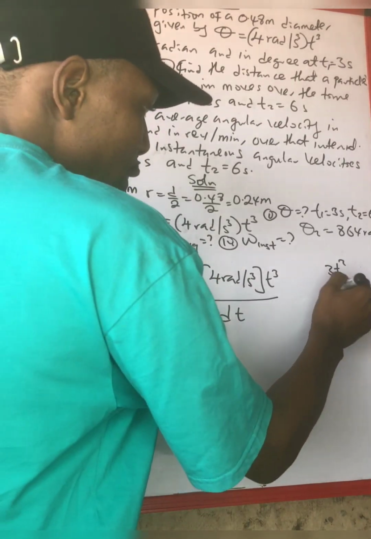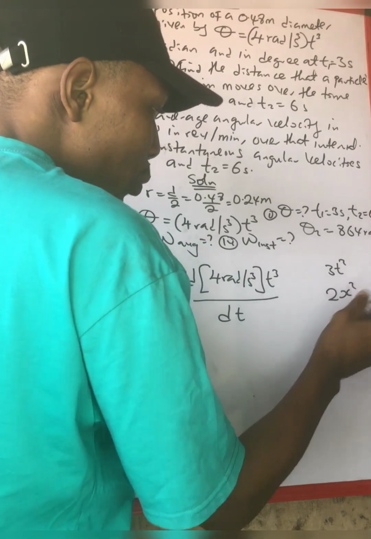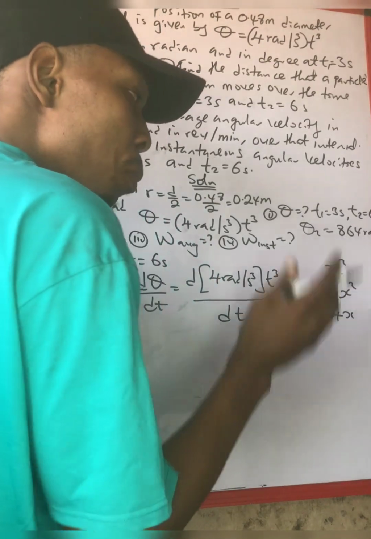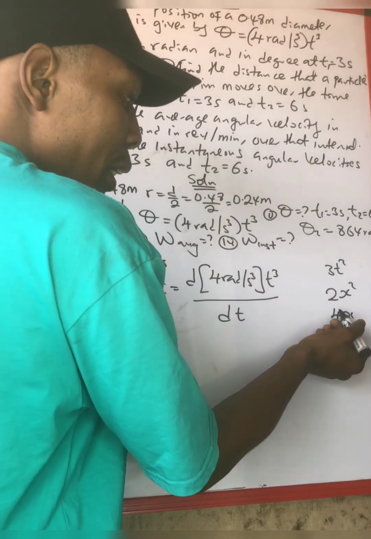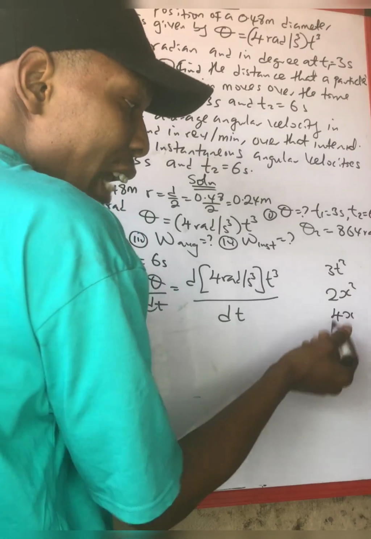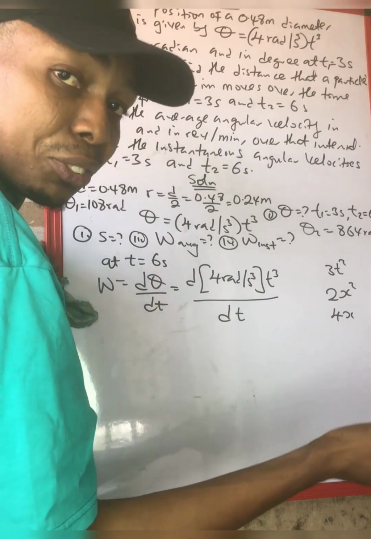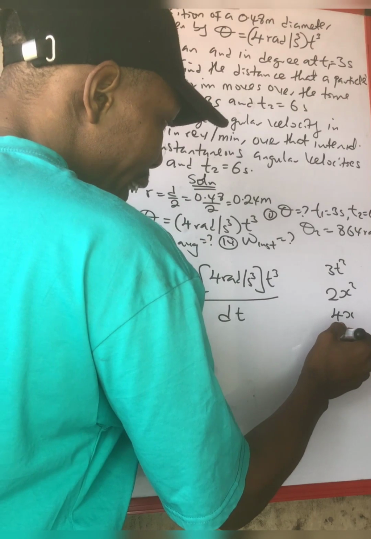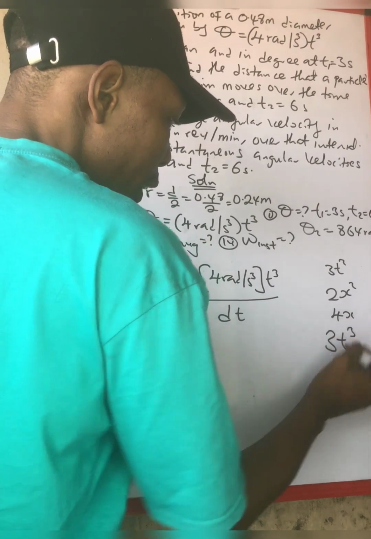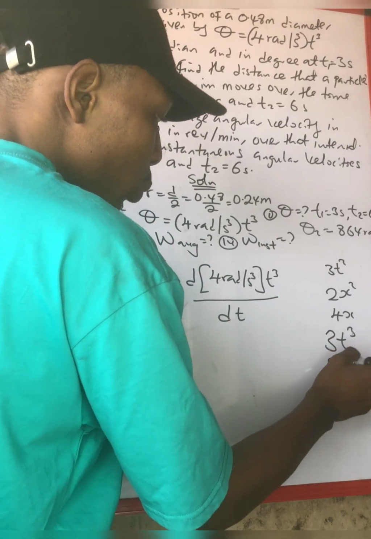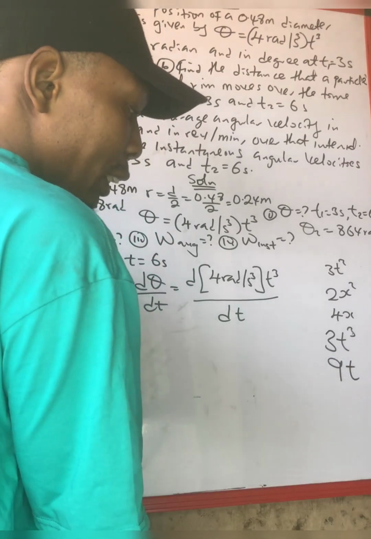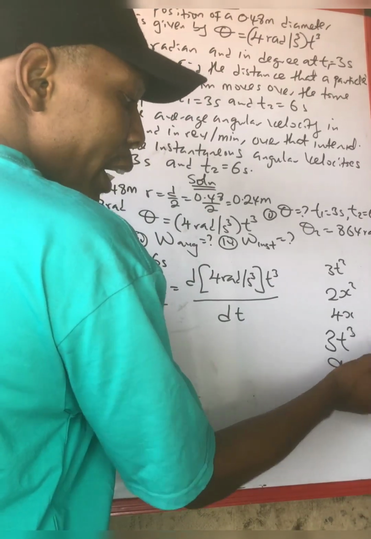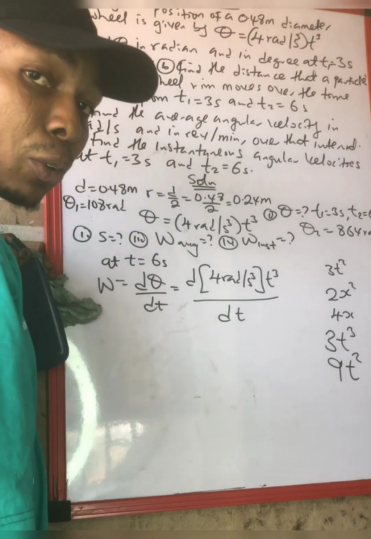If you differentiate 2x squared, you are going to have 4x. You multiply the coefficient with the power, and the power decreases by 1. That's differentiation. If you have 3t cube, it's going to be 3 times 3, which gives us 9. Then you have your t, and if you subtract 1 from the power, you are going to have 2.